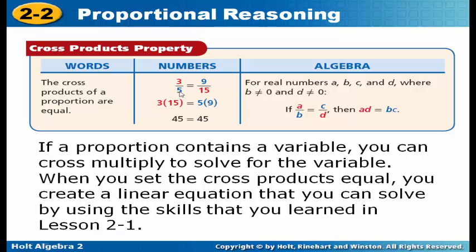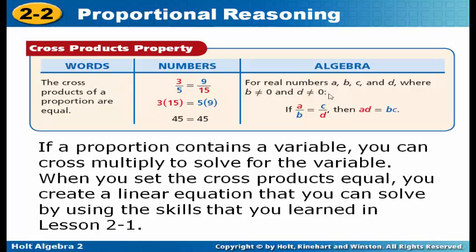Now the cross products of a proportion are equal. 3 times 15 equals 45, and 9 times 5 equals 45. So the cross products of a proportion are equal.